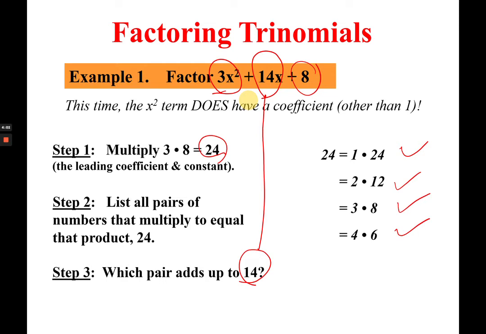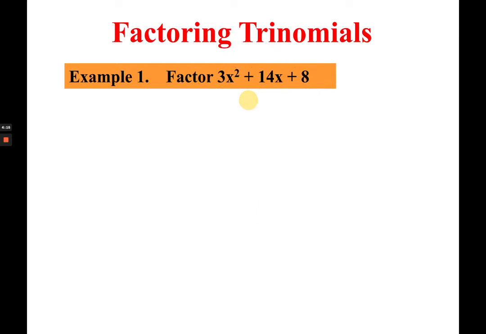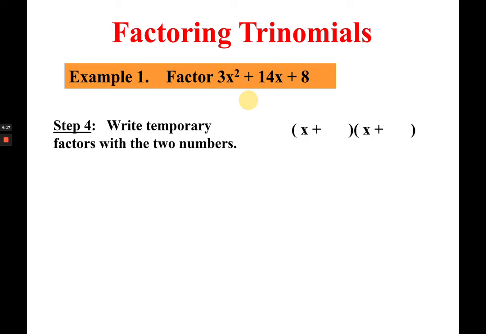And among the pairs of factors of 24, the one that adds up to 14 is the second one, 2 times 12. What do we do with that? Let's check. You are going to make them temporary factors, 2 and 12. So we fill in the blanks with the 2 and 12.